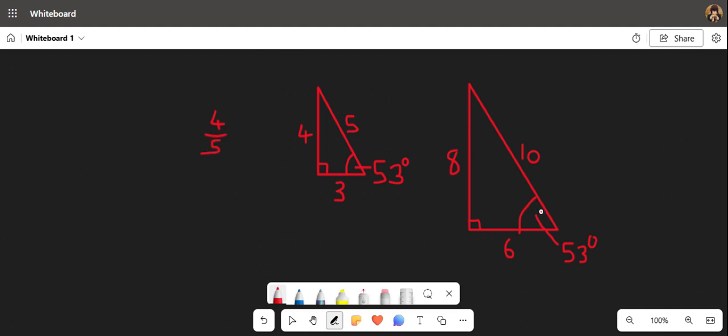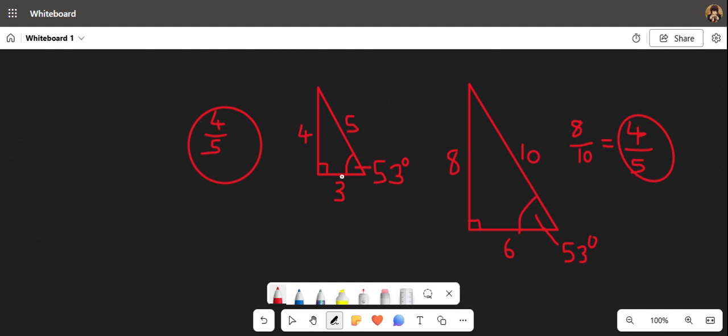If I look at the ratio here as well, the opposite to the hypotenuse, it's 8 to 10, which simplifies to 4 to 5. Notice that the ratios are exactly the same, even though the triangles have different sizes. Since the angle is the same, the ratios ended up being the same.